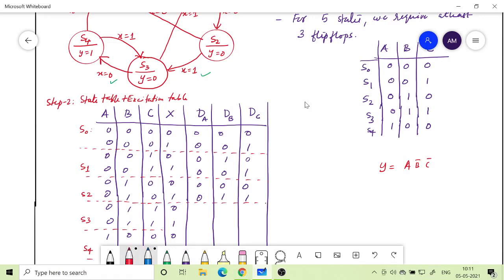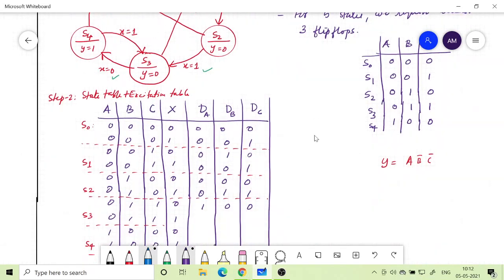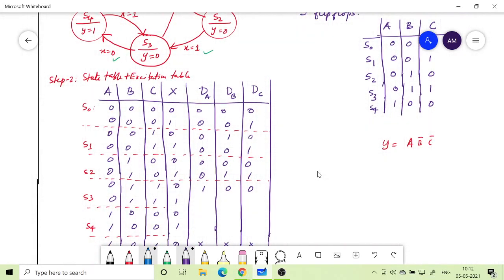Next, when I am at S3, if I get 0, I make progress and I go to 1 0 0, which is S4. But if I get x equal to 1, then I go to S1, which is 0 0 1.